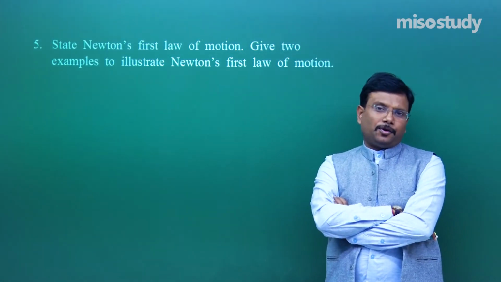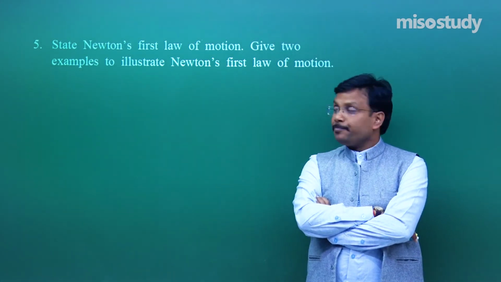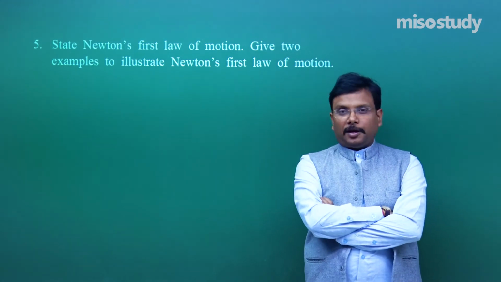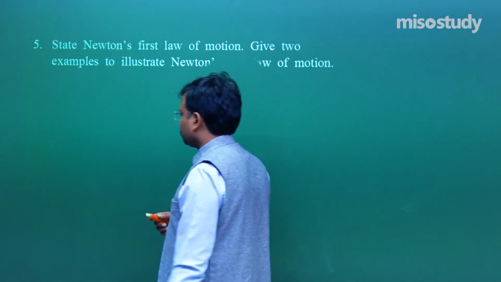Now, students, if you try to recall while explaining the laws of motion chapter, I devoted a good amount of time to the discussion of these laws. So, first is the first law.